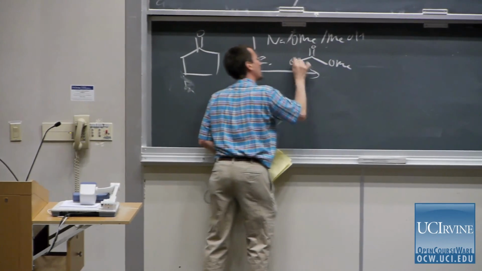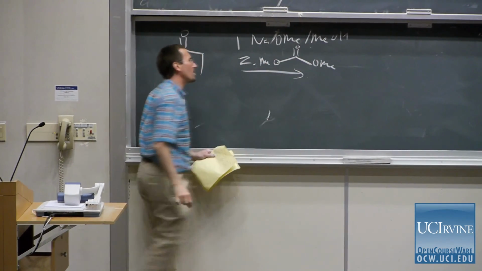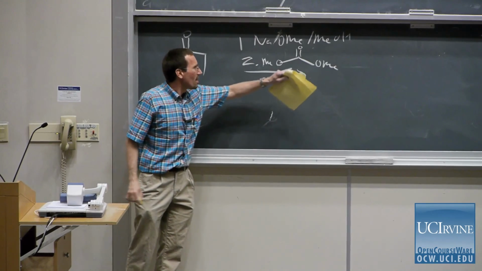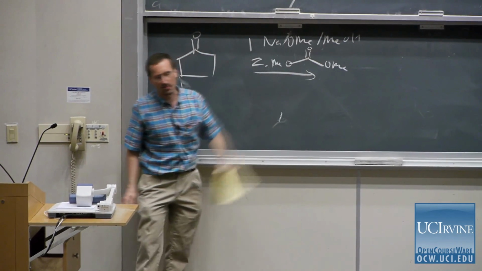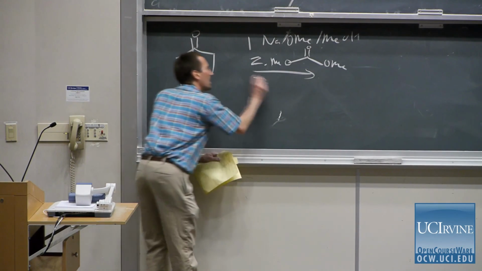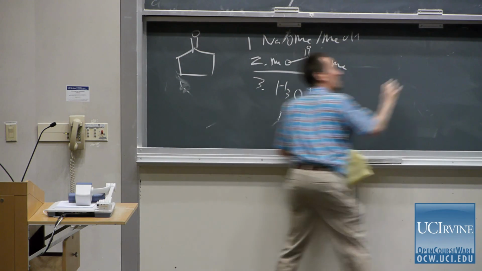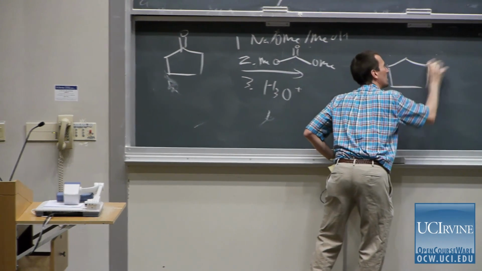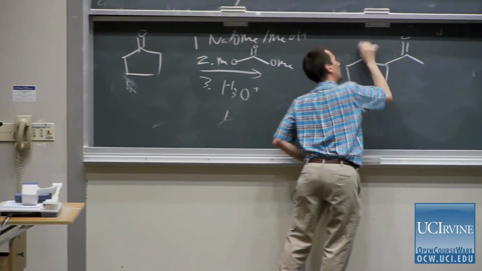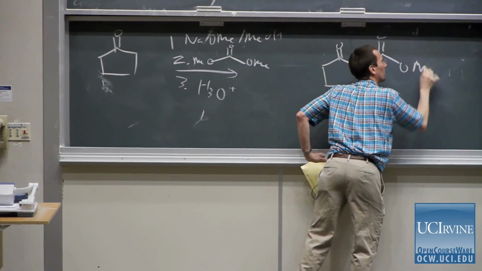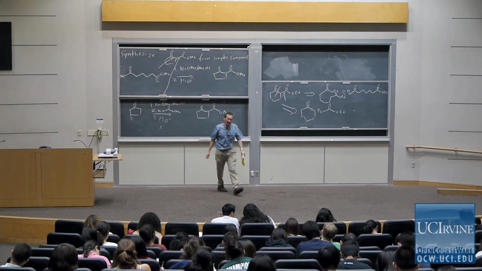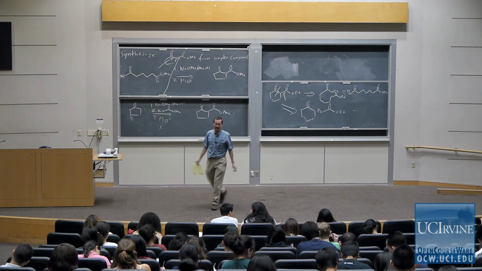We'll use sodium methoxide and methanol. I've used sodium hydride and dimethyl carbonate as solvent, aqueous acid workup, same old, same old. We haven't seen a lot of variation there, and bing. Two different ways to the same product, two right answers.